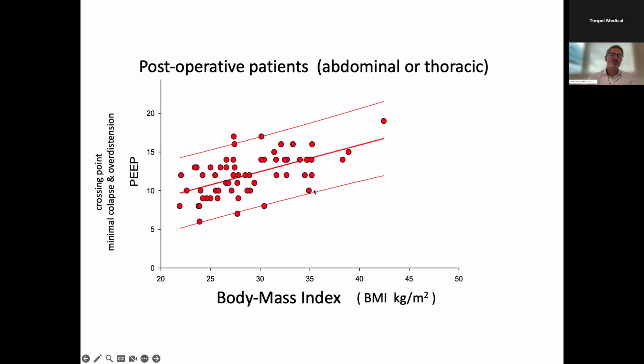That's because the contents or the weight of the abdomen presses the lung and decreases transpulmonary pressures, favoring the occurrence of collapse.